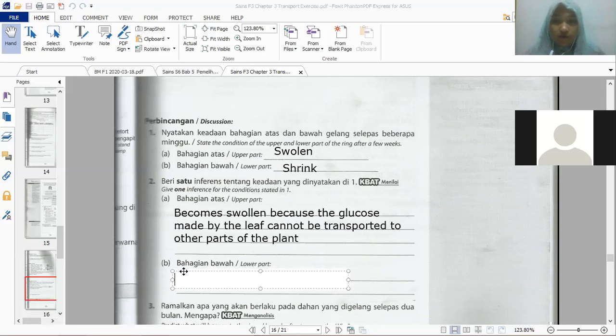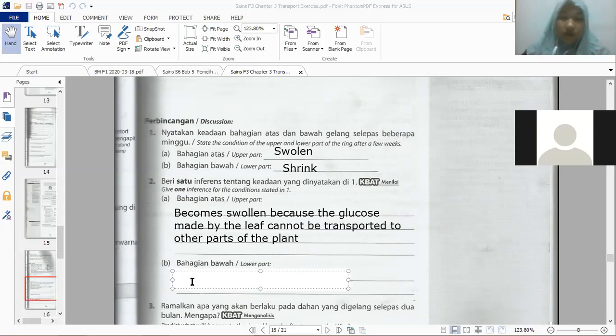Okay, lack of what? Lack of food. Okay, so means kat sini dia tak dapat supply tu. So that's why dia akan shrink. Okay, dia akan kecil sedikit.